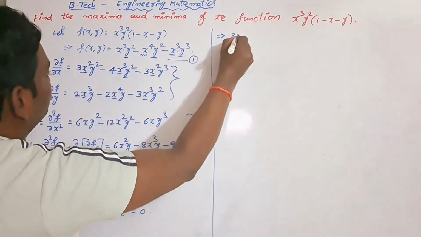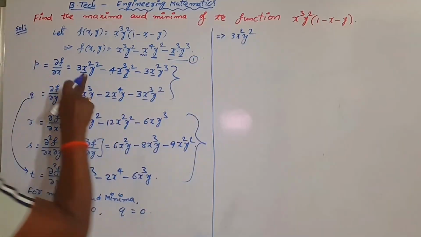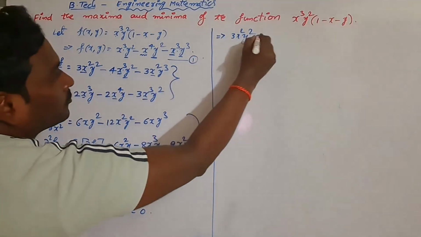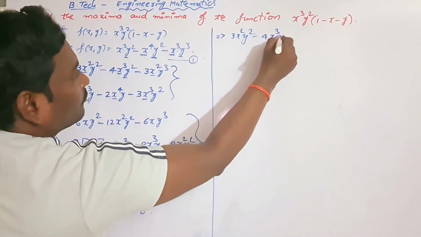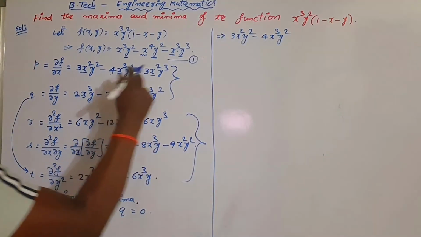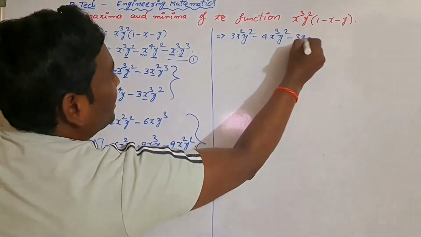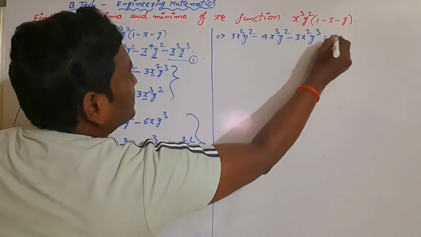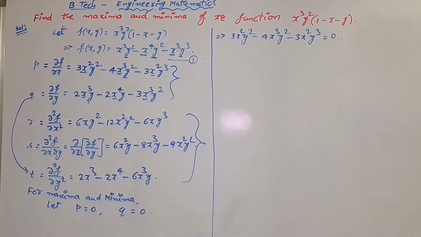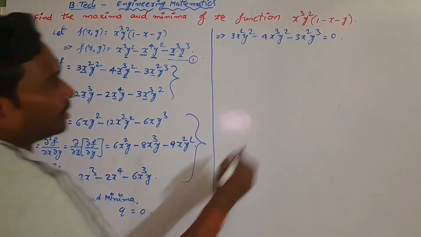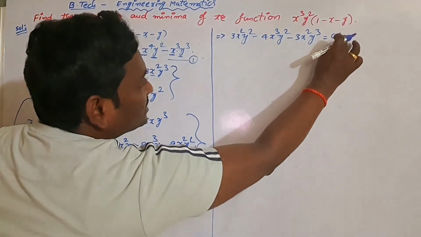3x square y square minus 4x cube y square minus 3x square y cube is equal to 0. So also we have to take q is equal to 0.